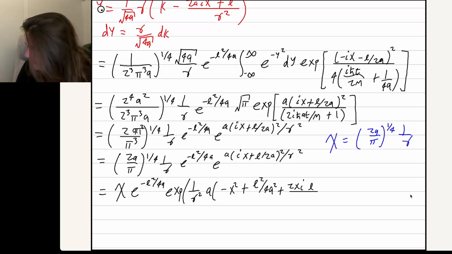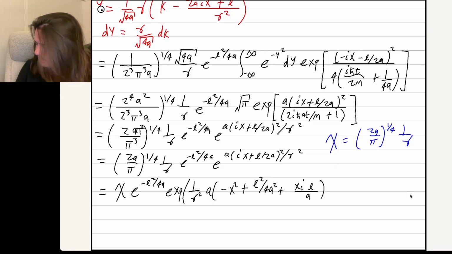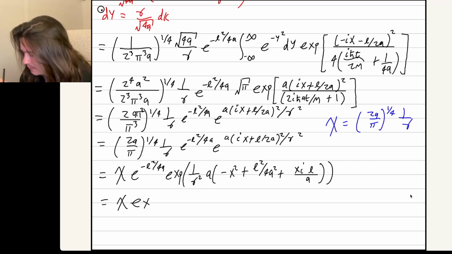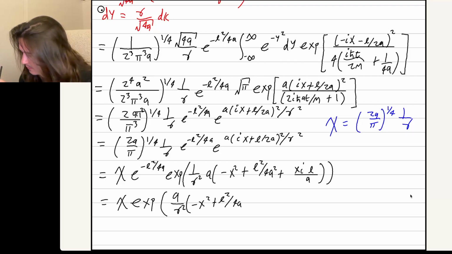It's not times 2 anyway, but there is an a on the bottom. So that's interesting. We're going to try to make the two exponents have the same denominator so we can add them up in the end. So we're going to have this a over gamma squared thing that we're going to keep working with in a second. ilx over a is how I'll write it.